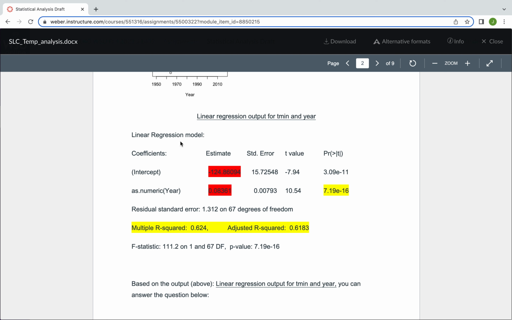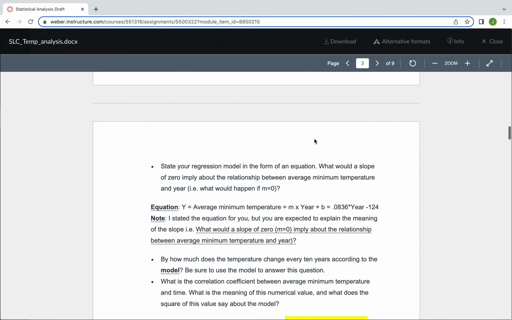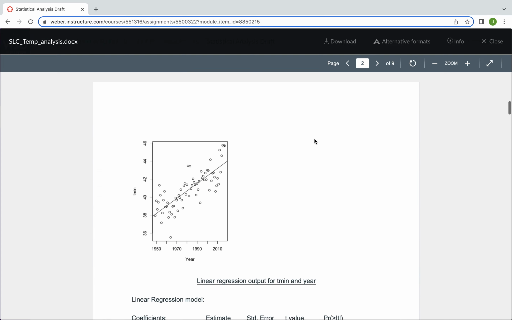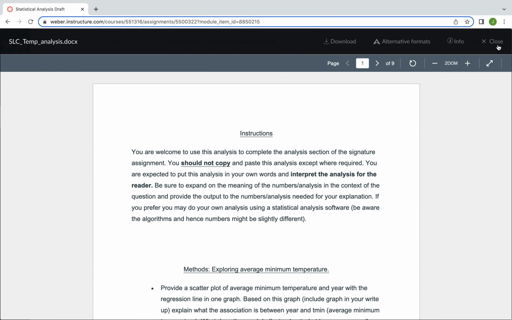I provide a linear regression model, and you should format this correctly. You should put this output in, you should provide meaning to this output. Okay, so this analysis is provided for you here, and your job is to answer the questions for the analysis. Okay, I'm going to go back.